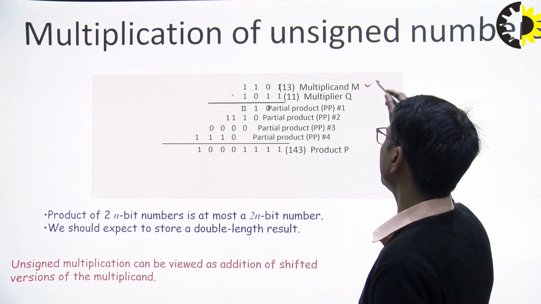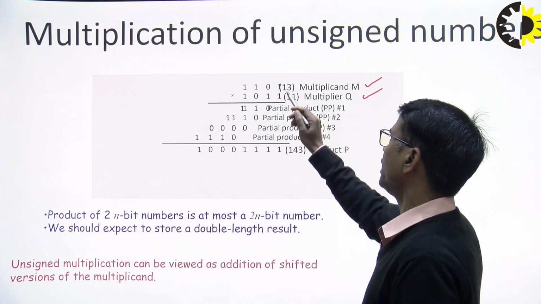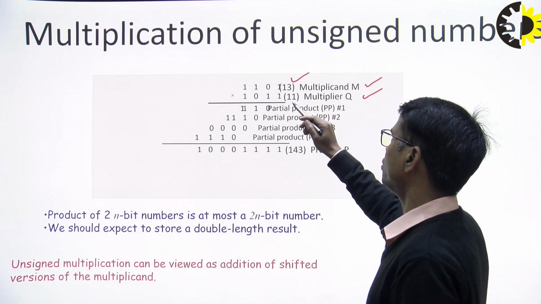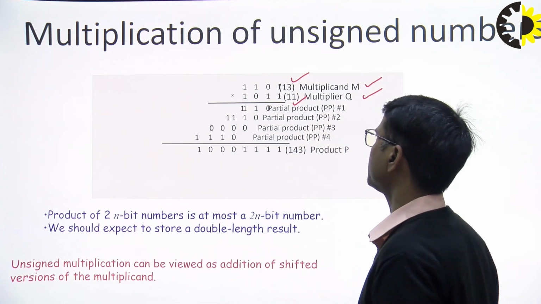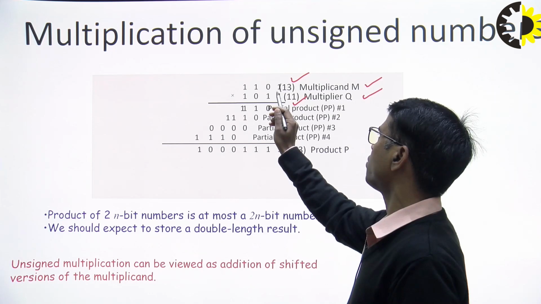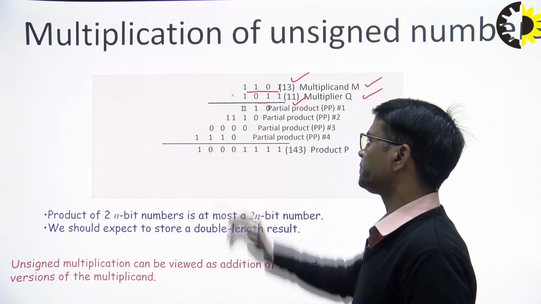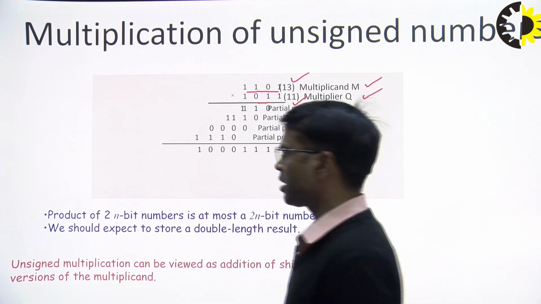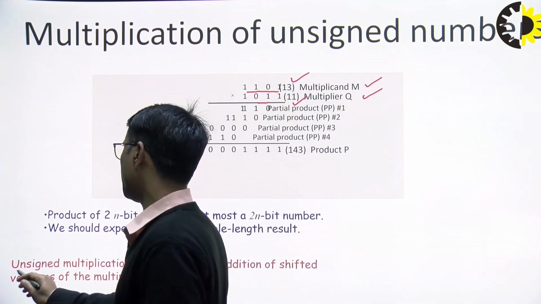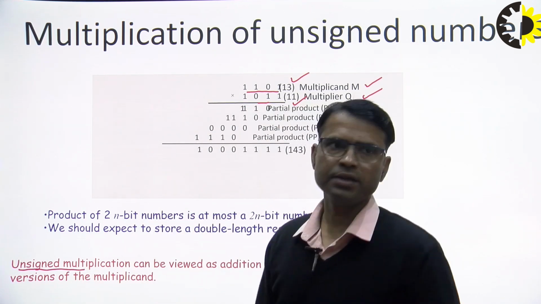We denote them as a multiplicand and a multiplier, written in decimal as 13 and 11, and the corresponding values are written in binary form. We are discussing this multiplication for the case of unsigned multiplication. Both numbers are unsigned, there is no sign in these two numbers.